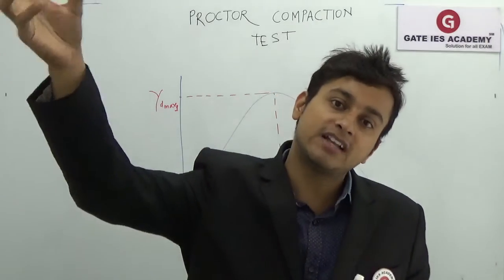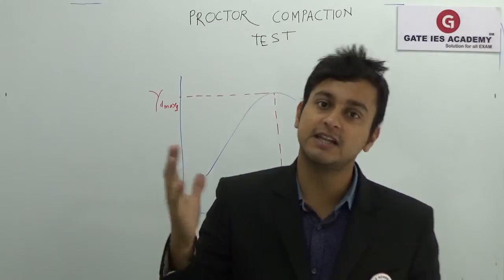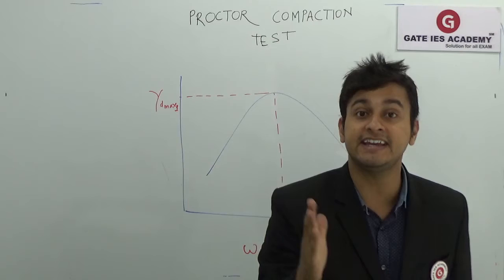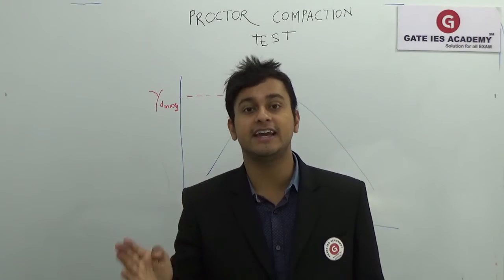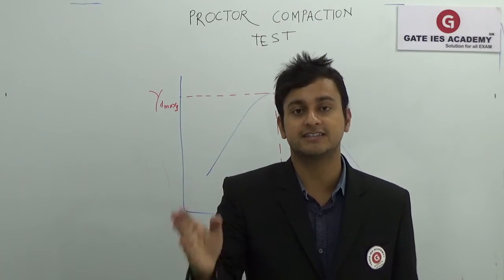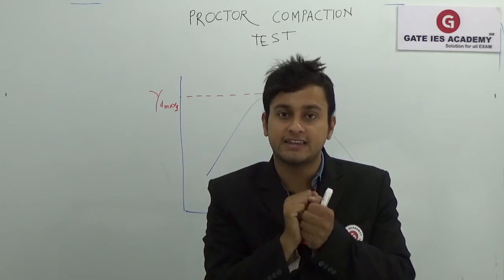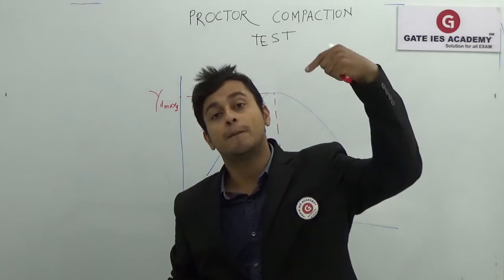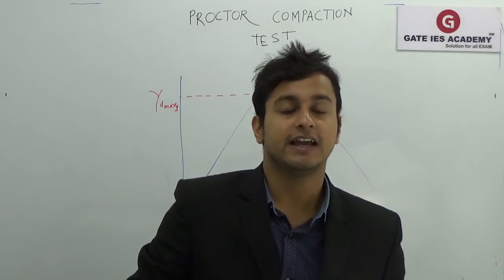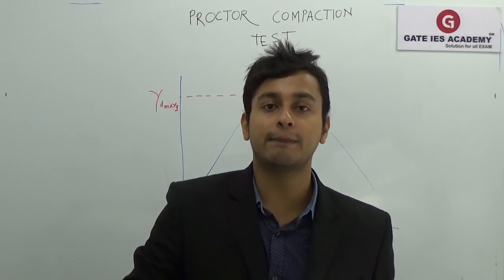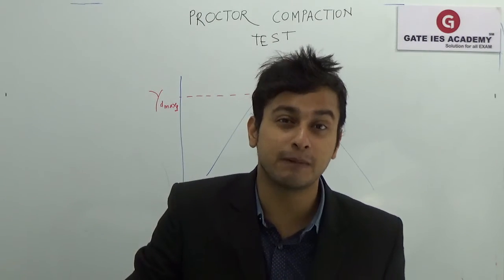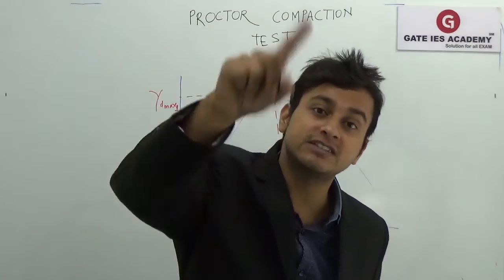So initially when you add water, the system takes the water as a lubricating agent, which just brings the soil solids together, and therefore the system is compacted. Now after it, if you keep increasing the water, it tries to take the place of what the soil solid was initially.